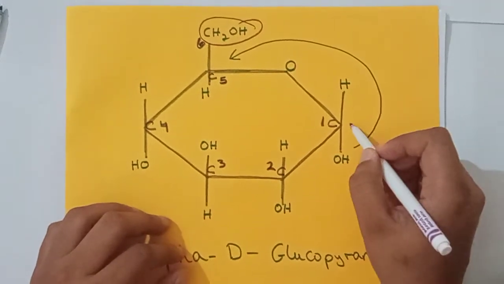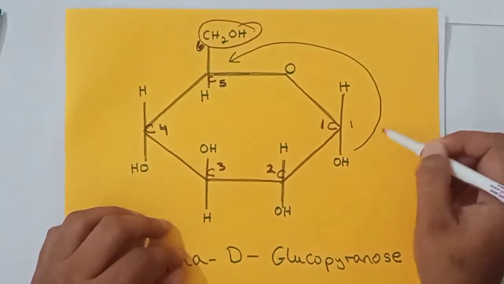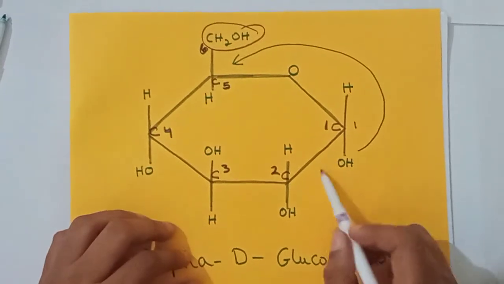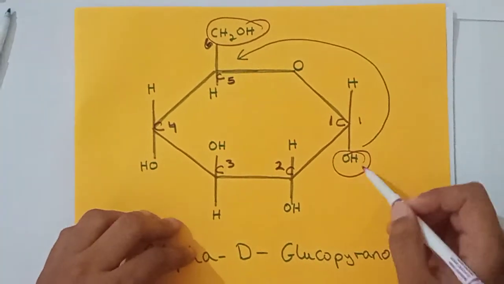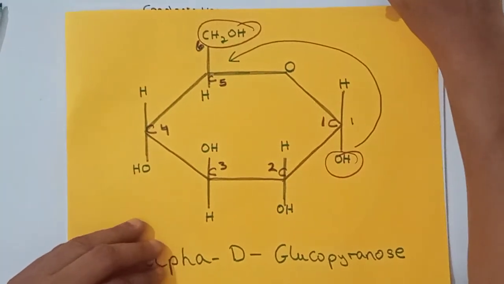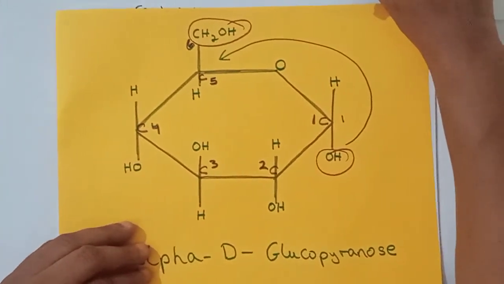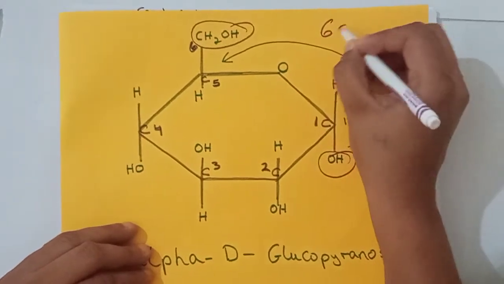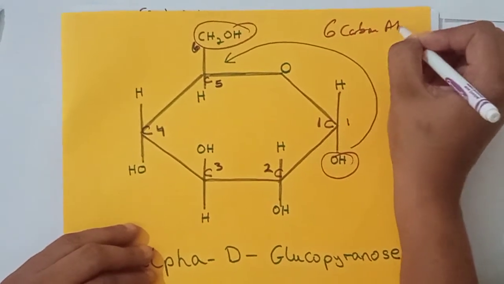In carbon 1, this is the anomeric carbon. The OH group on the anomeric carbon is below the plane. So now we have learned that an alpha-D glucose has 6 carbon atoms.